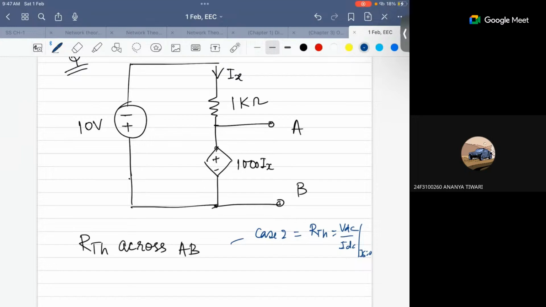If you have Ix, then you can get the value of the voltage across this. Ix will give you an idea of the value of Thevenin. So we first calculate Ix, short circuit this, and use a loop, like KVL, in any of the circuits, or maybe in the bigger circuit itself. If you use it, you will get the value of Ix.